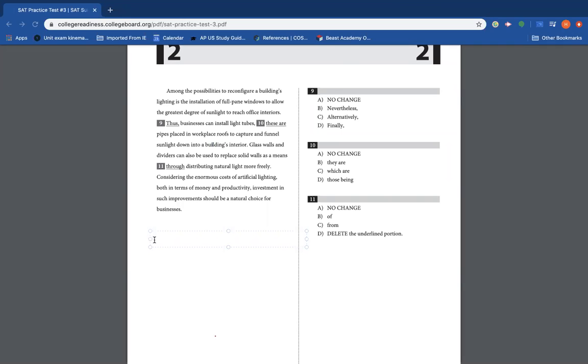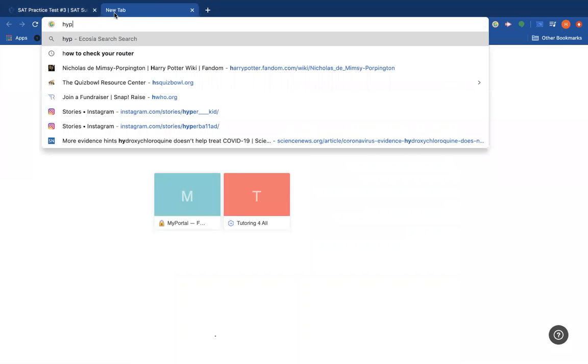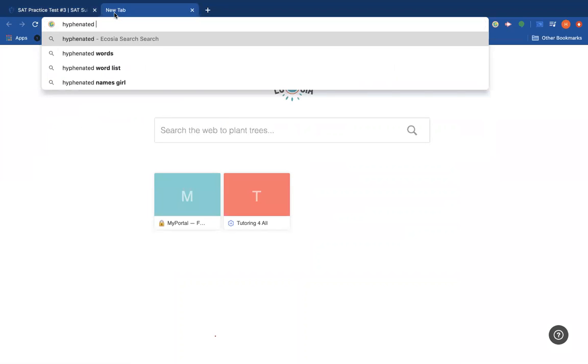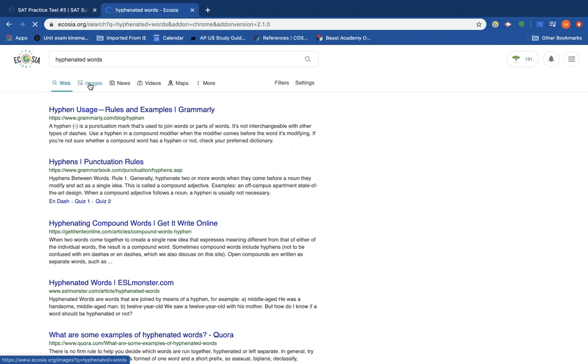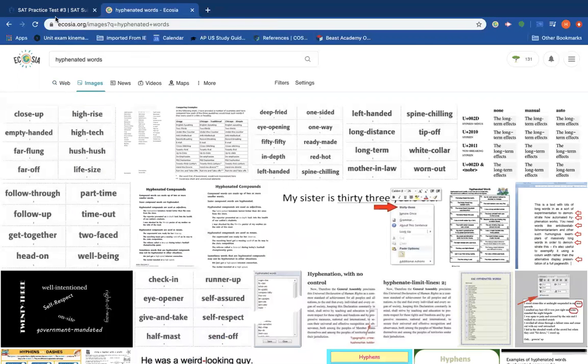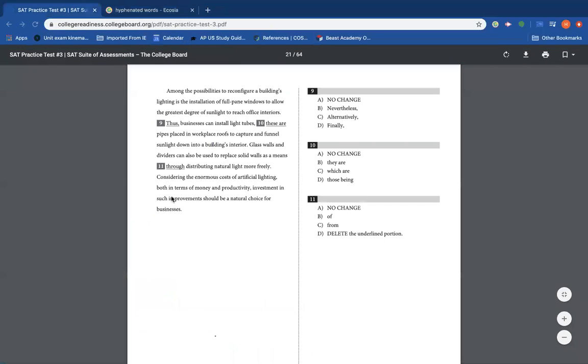So hyphens are for compound words. There are certain words that will require them. I need to show you an example; I can't pull one off the top of my head. Like 50-50, right?